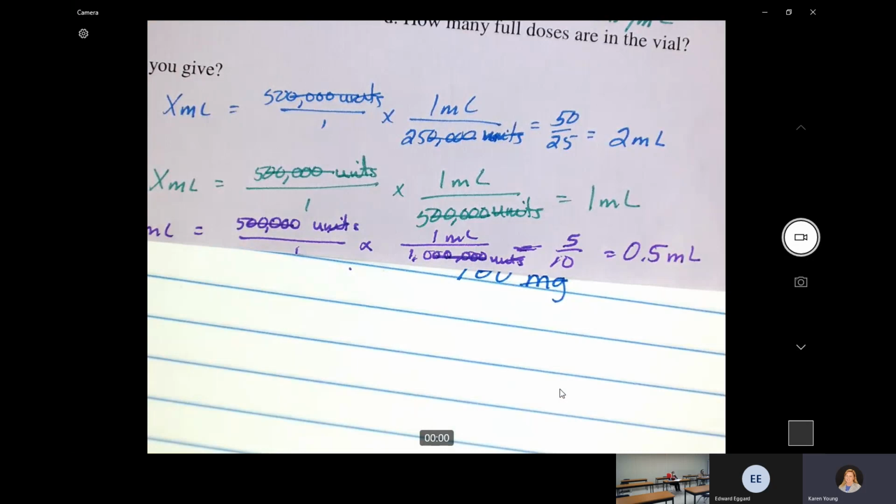You're just going to give it in a smaller amount of medication. I probably would have chosen the 8.2 milliliters because it was 500,000 units per milliliter, same as what the doctor ordered. Easy to figure.